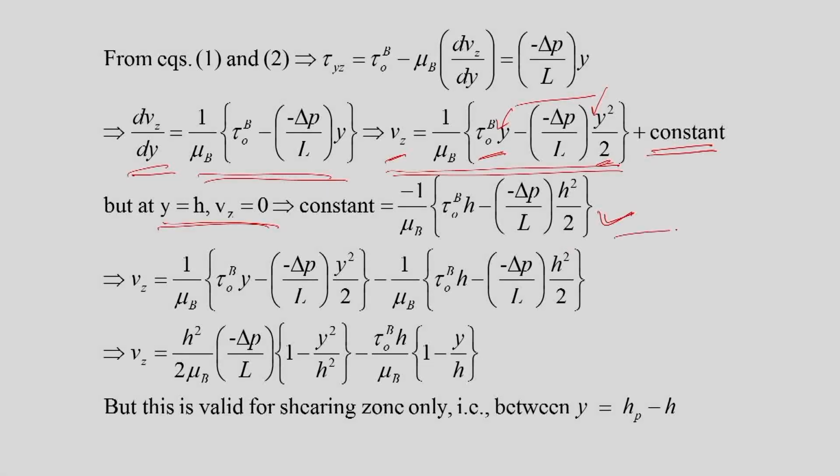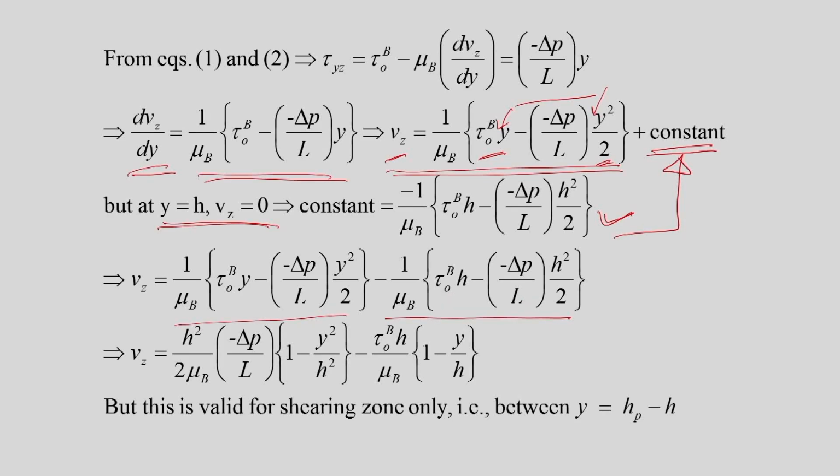Now, this constant you substitute here, and then you will get V z equals, the first term as it is, and in place of the constant we get minus 1 by mu b, tau naught b h minus delta p by L h square by 2, this term.